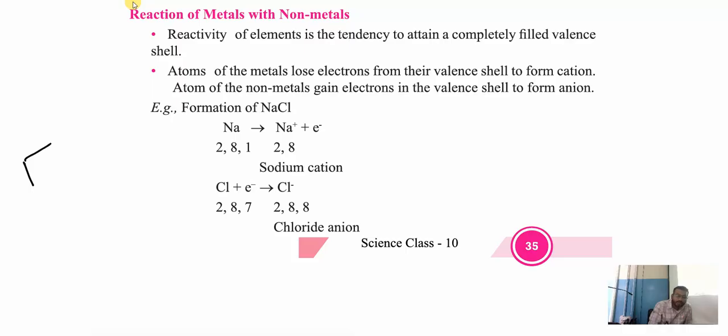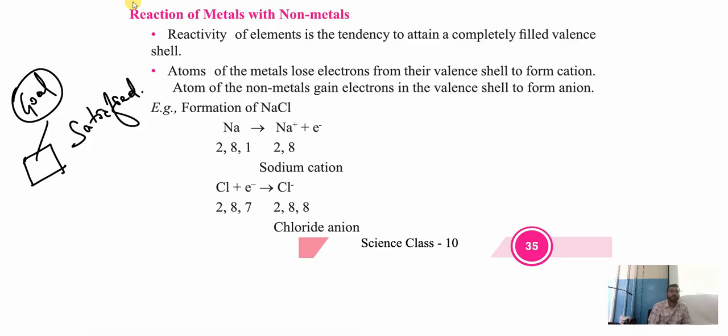In everyone's life, some goal is there. If a person reaches that goal, he is a completely satisfied person. Am I right? When you reach your goal, you're completely satisfied. Will you agree? Sure. Suppose I want 100 rupees. That is my goal. When I get 100 rupees, what will I do?